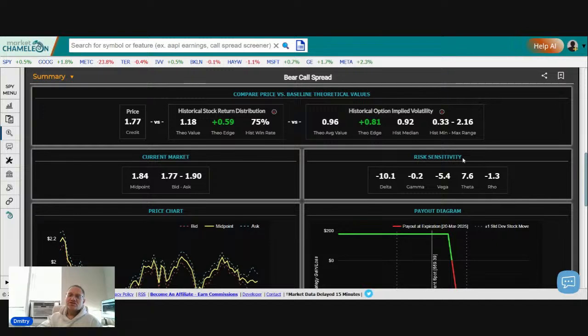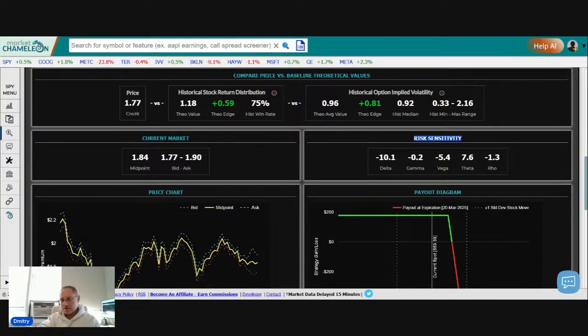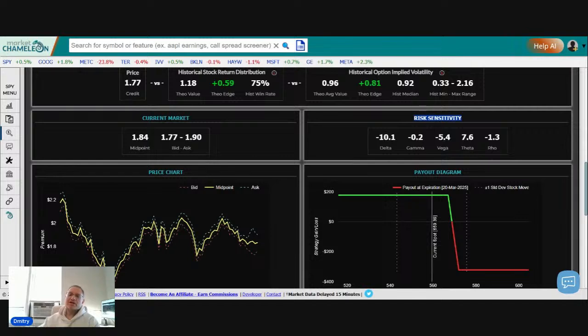These are the risk sensitivities of this spread, and this takes the spread and puts it into the different risk sensitivities of this strategy. So the strategy has a negative delta. Negative delta means it will do better if the stock moves down.